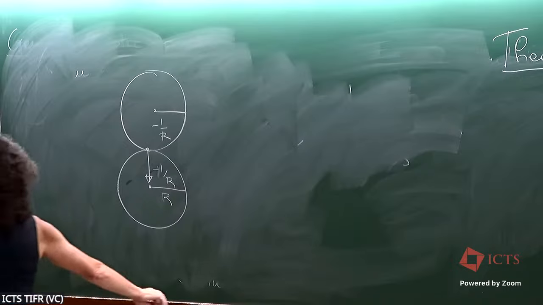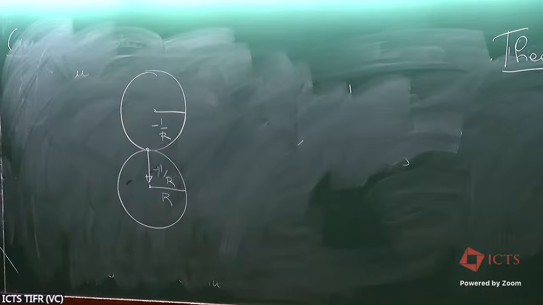Another very nice application of the maximum principle. Here, we are going to do an application of the maximum principle in the linear case, but it's related to CMC surfaces. So let me announce, and then we will do the computation next time.